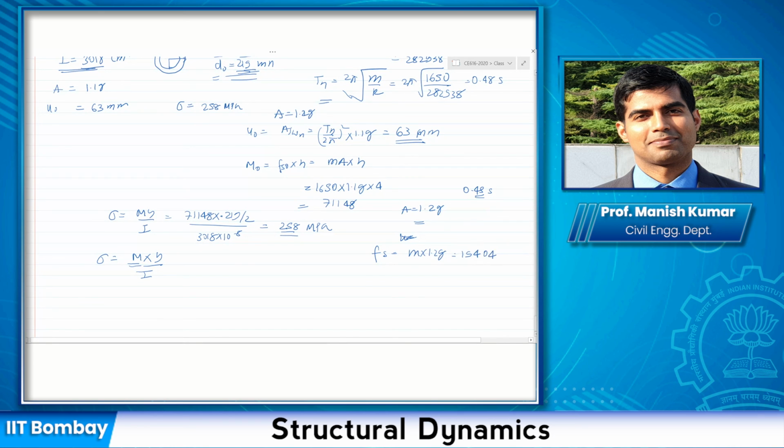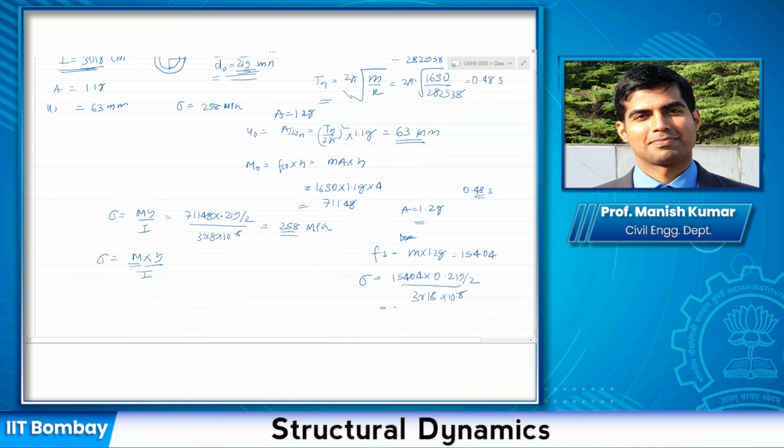So in that case, my sigma would become 19404 into 0.219 divided by 2, and then 3018 into 10 to the power minus 8.